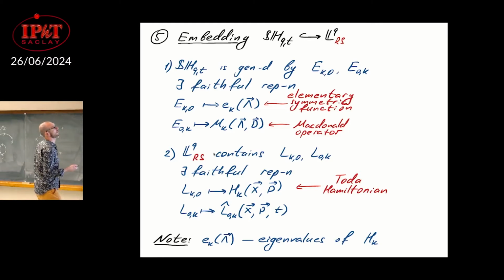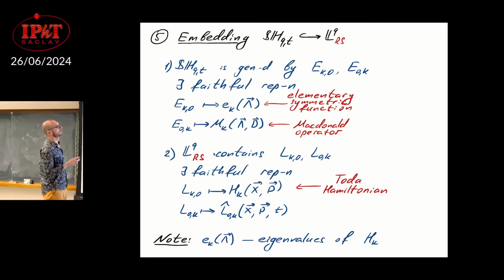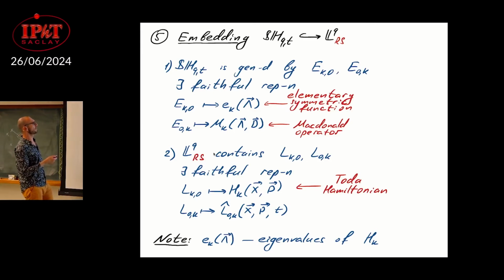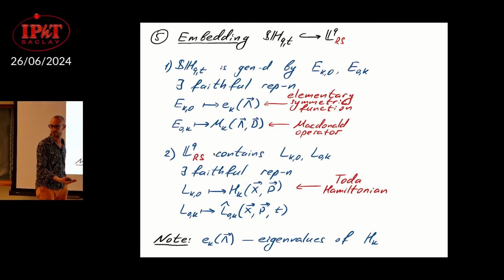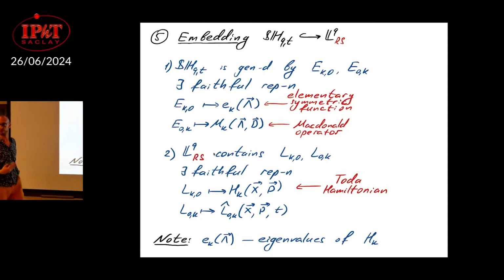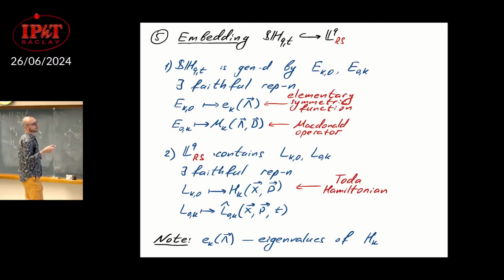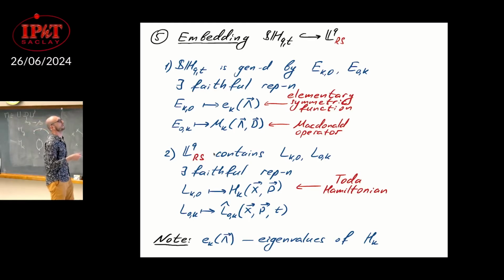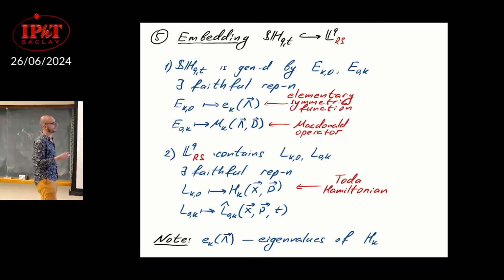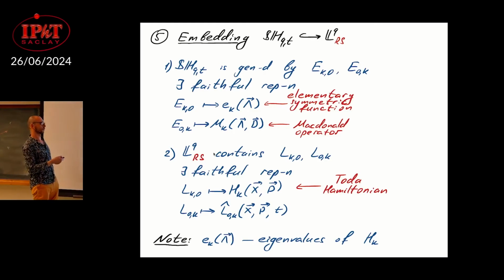Spherical DAHA is generated by E_k0 and D_0k, and in some faithful representation, E_k0 becomes multiplication operator by elementary symmetric functions, and D_0k become Macdonald operators. On the other hand, this target algebra, the quantization of functions on a cluster variety, also has certain operators, L_k0 and L_0k, let me call them.